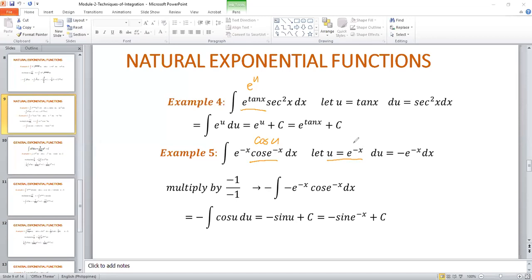What's the derivative of e raised to minus x? It's negative e raised to minus x dx. Right? Now, you have it here already, the e raised to minus x dx. What you lack is the negative sign. So you place the negative sign here and you place negative outside.